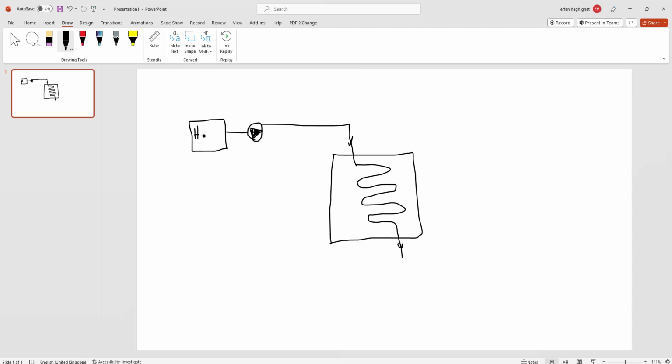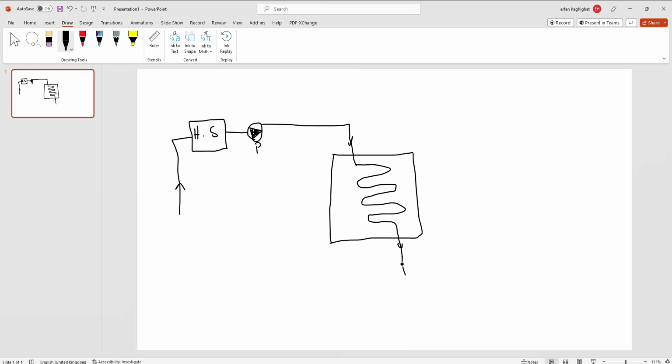We show it with HS, and this is a pump. And also the outlet is connected to the system, maybe a heater or something like a fan coil.